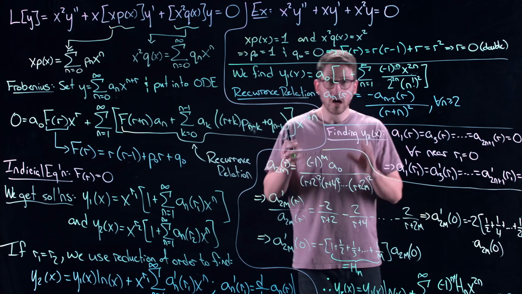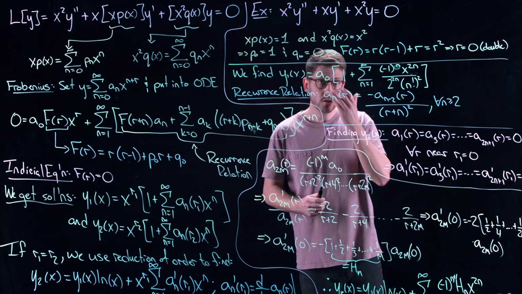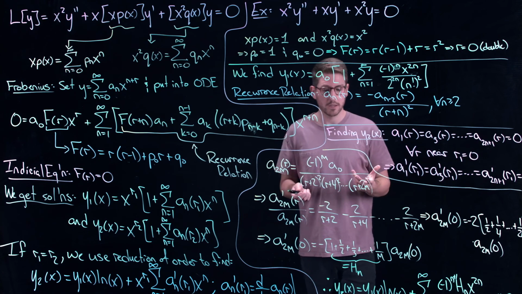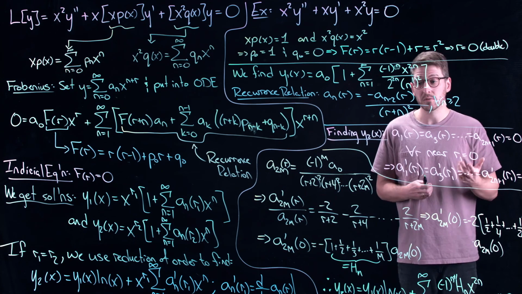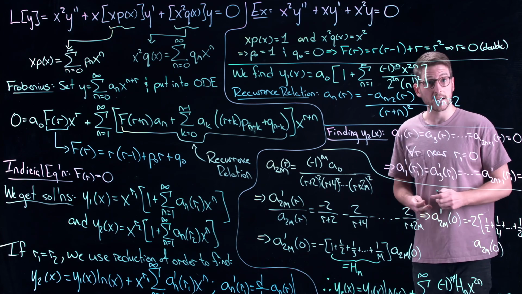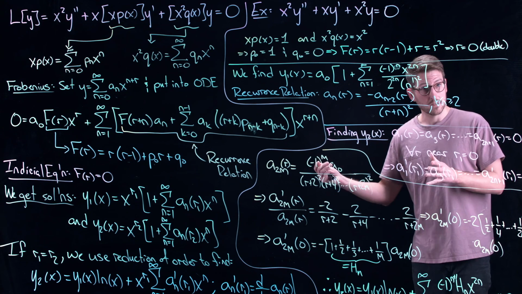And in particular, the hardest part of all of this is finding a general solution to my recurrence relation. Not something we can always do. And because it's not something we can always do, it's not very easy to find what the second series solution is. So, takeaways.